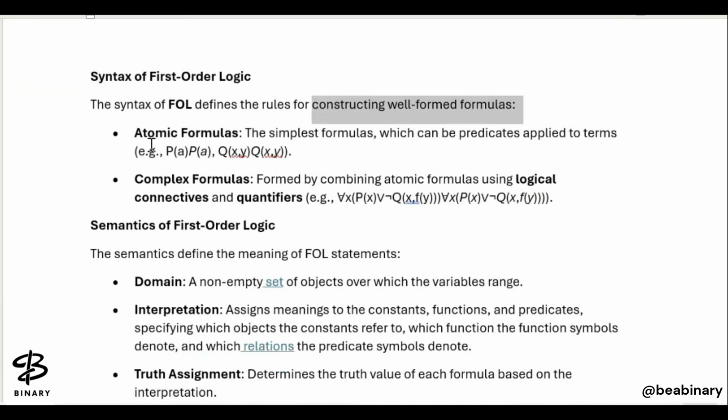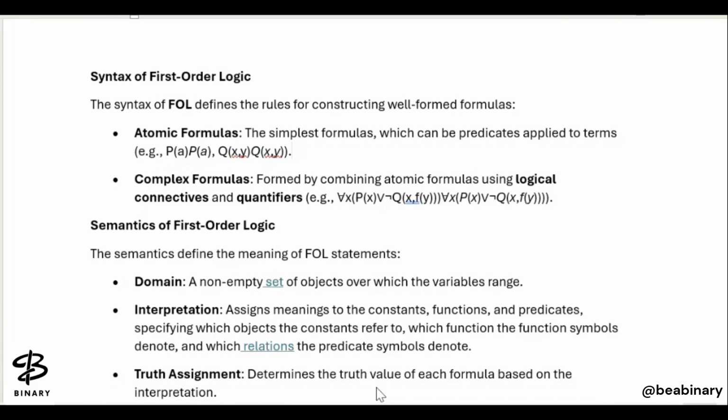First, in syntax, we can construct two types of formulas, the atomic formulas and the complex formulas. What comes under atomic formulas? We discussed that it is the simplest formula, which is a predicate applied to terms. For example, here we are taking the variables and the normal formula form.